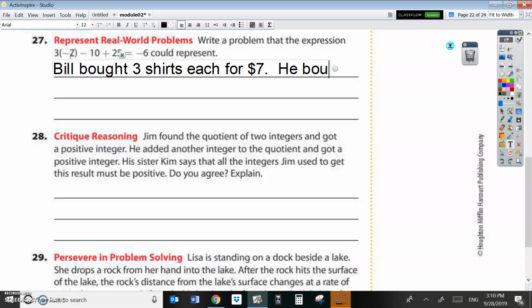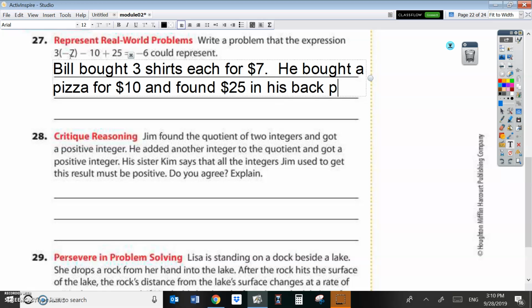He bought a pizza and found $25 in his back pocket.